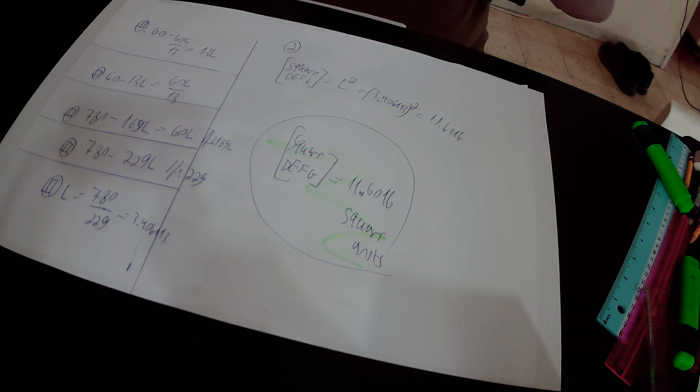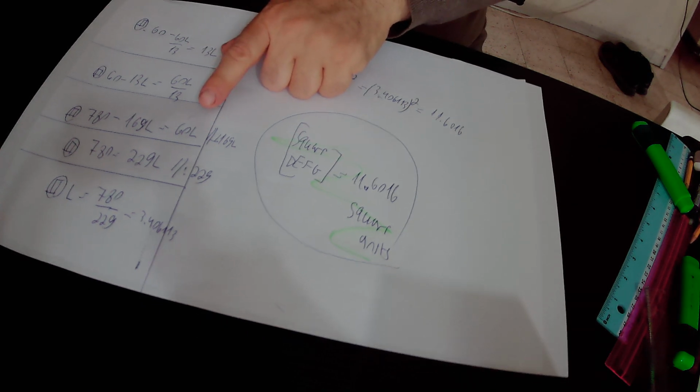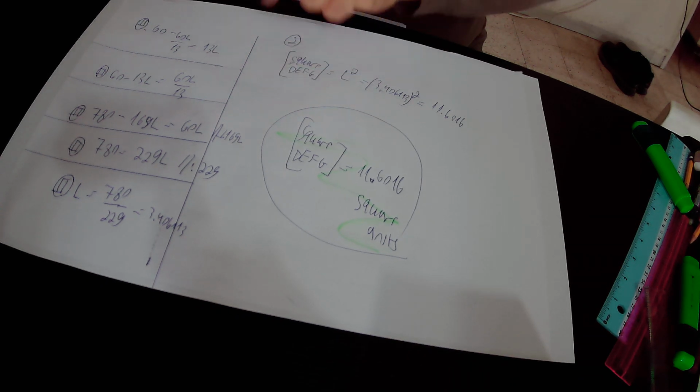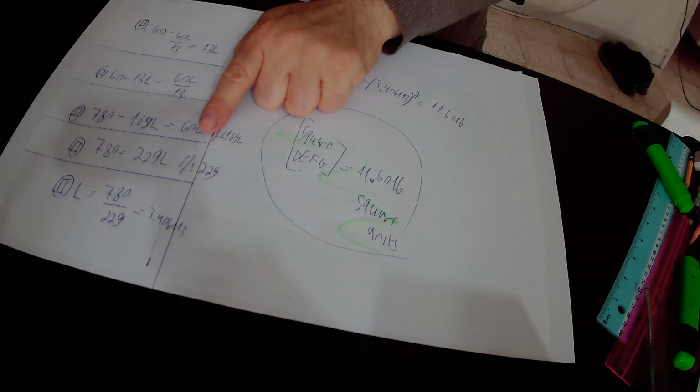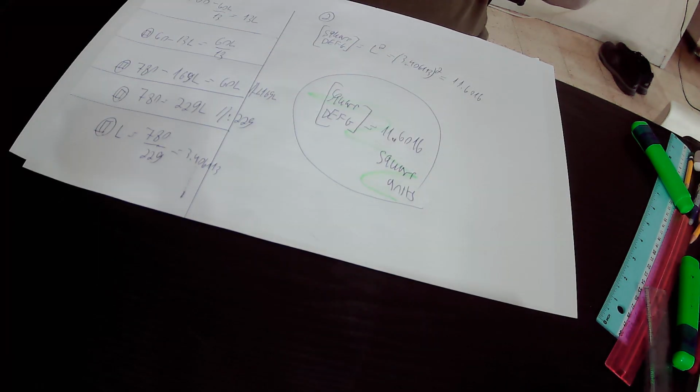So in conclusion, according to this equation 2, 780 equals 229L. So here we divided this equation 2 by 229, and finally found out that L equals 780 over 229.